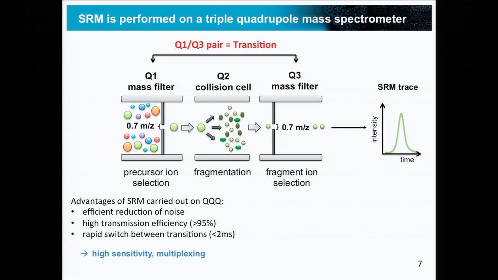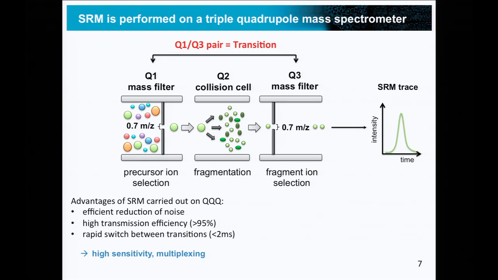Well, due to these two filtering steps that you have here in Q1 and in Q3, you can very efficiently reduce noise in your measurements. And this is one reason why SRM measurements are highly, highly sensitive. You can just get rid of a lot of your background noise in the sample. Then quadrupole mass analyzers have a very high ion transmission efficiency.